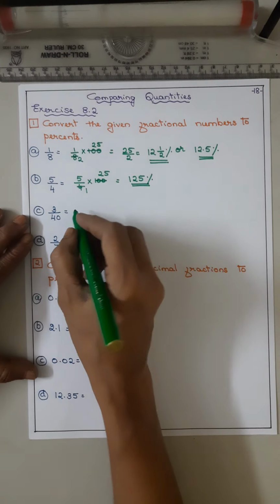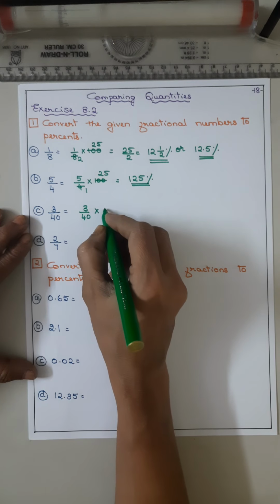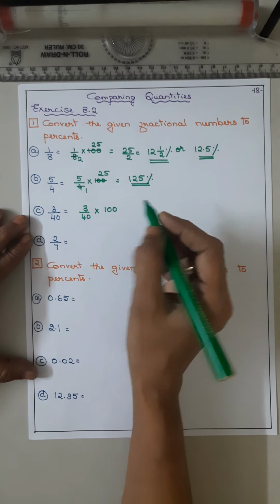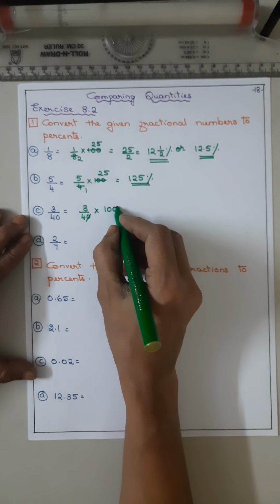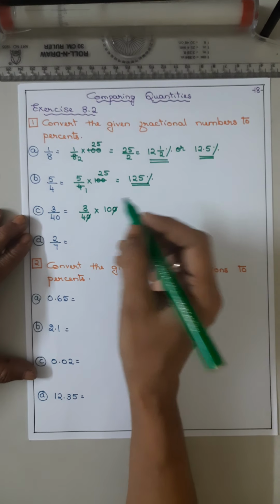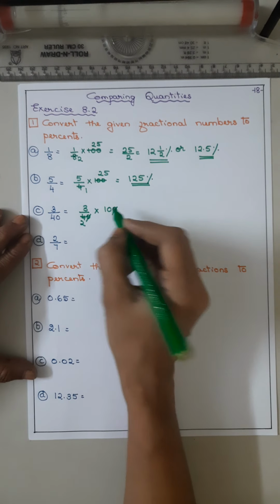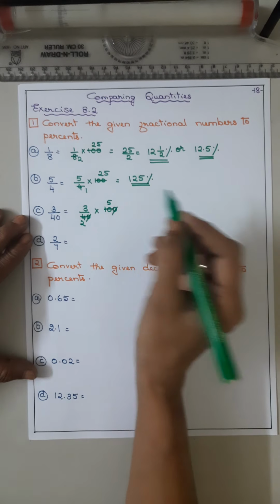Now coming to 3/40 into 100. Now 0 0 cut, isn't it? Now it will be 2 2s are, 2 5s are.